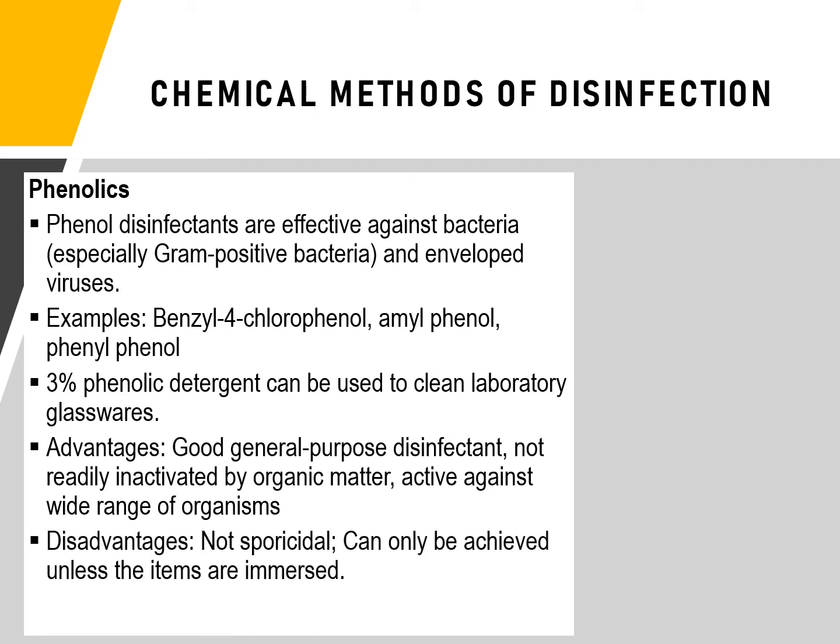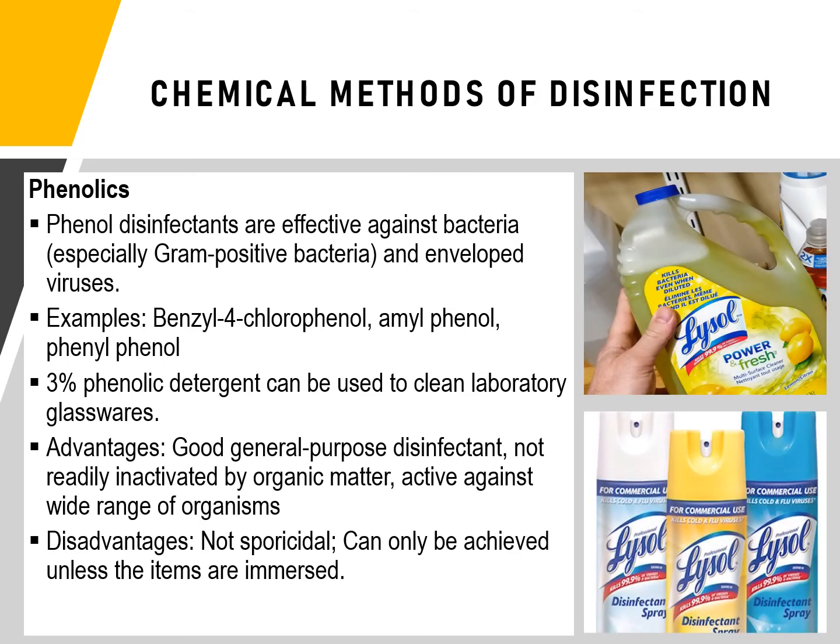The disadvantages, however, are that it's not sporicidal, meaning it is not effective against bacterial spores. It can only be effective against bacterial spores if the instruments or materials contaminated with these microorganisms are totally immersed in the said solution or chemical disinfectant.